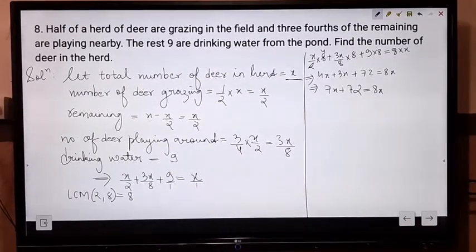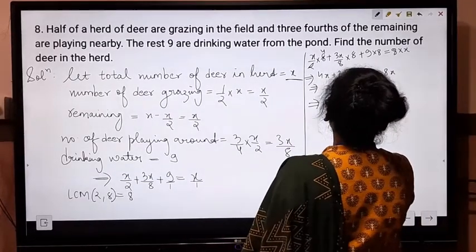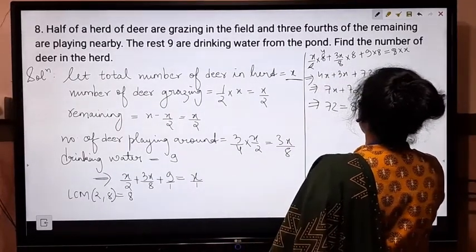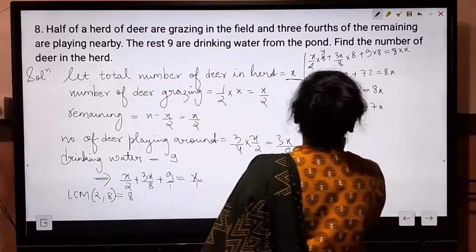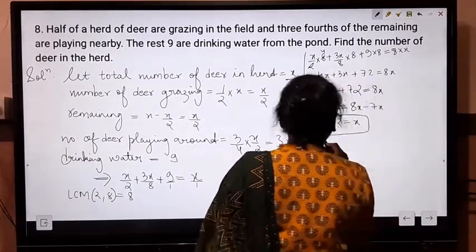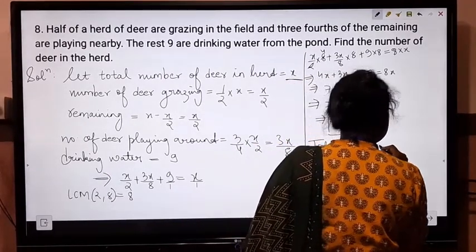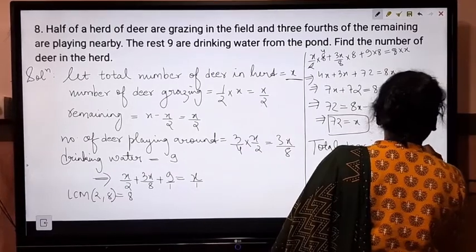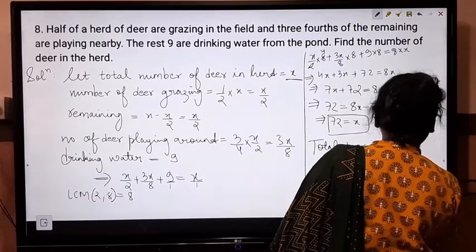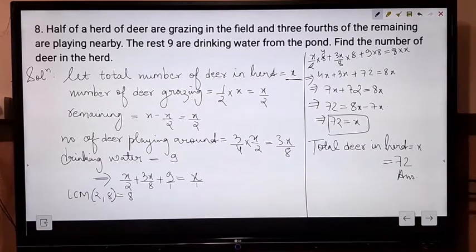We can take all the variables on one side and all the constants on the other side. So this value will be 72 equals to 8x minus 7x. This gives us 72 equals to x. That means total deer in herd equal to x equal to 72 is our answer. This is the solution for the 8th question.